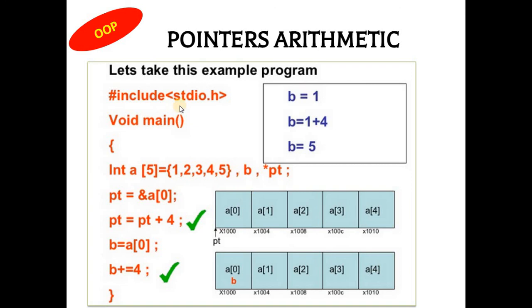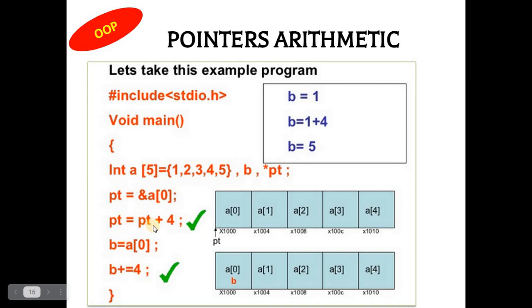Now pointer arithmetic, let's take this example program. Suppose I have a[5] with values 1, 2, 3, 4, 5, then b and *pt. So pt = &a[0]. At this point, pt is pointing to the address location x1000, which is the address of a[0].